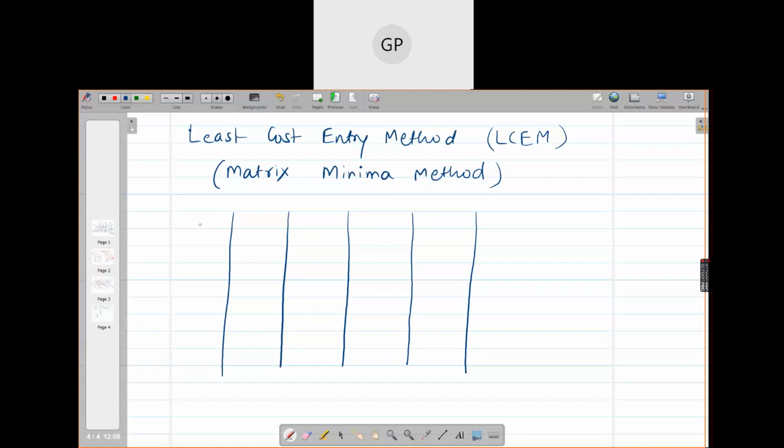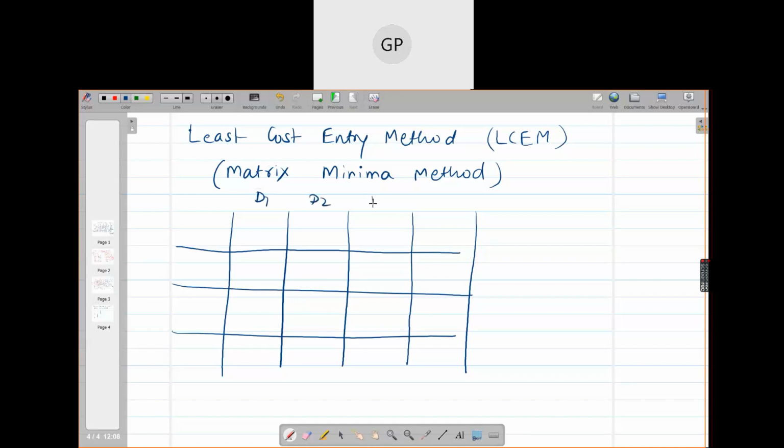Yes, girls, let us write the same problem now. These are your destinations. And these are your sources. And the cost, sorry, the first one was 23, na?